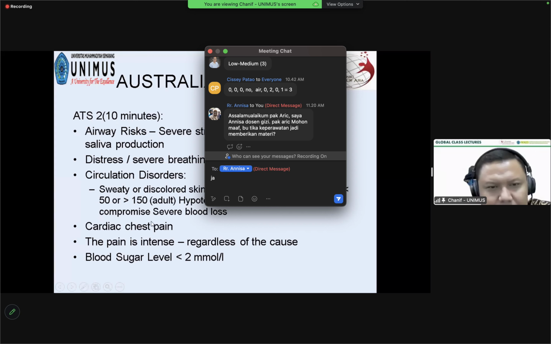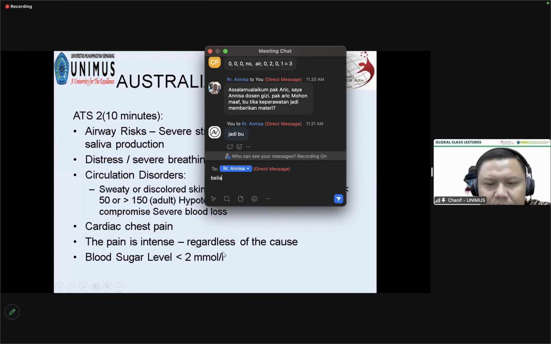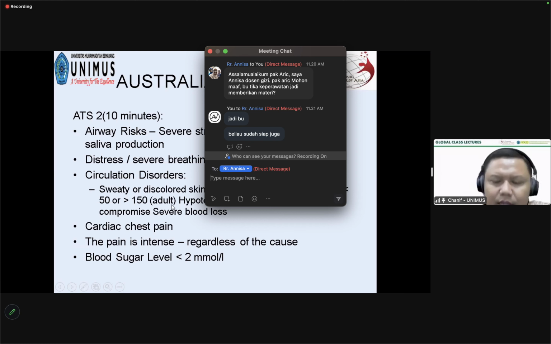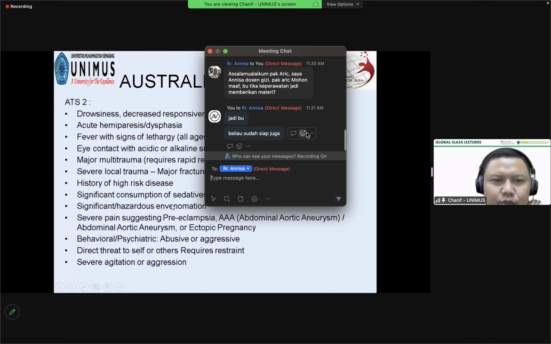The pain is intense regardless of the cause, and blood sugar level less than 2 millimole per liter. It is one of the cases in level 2.